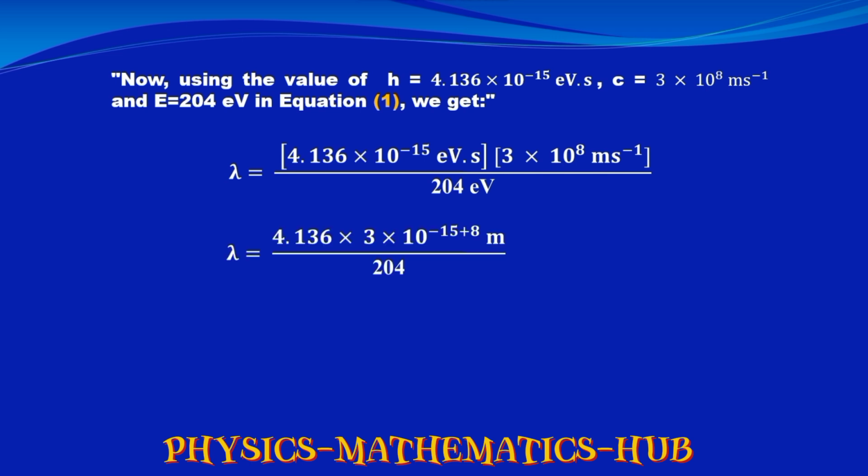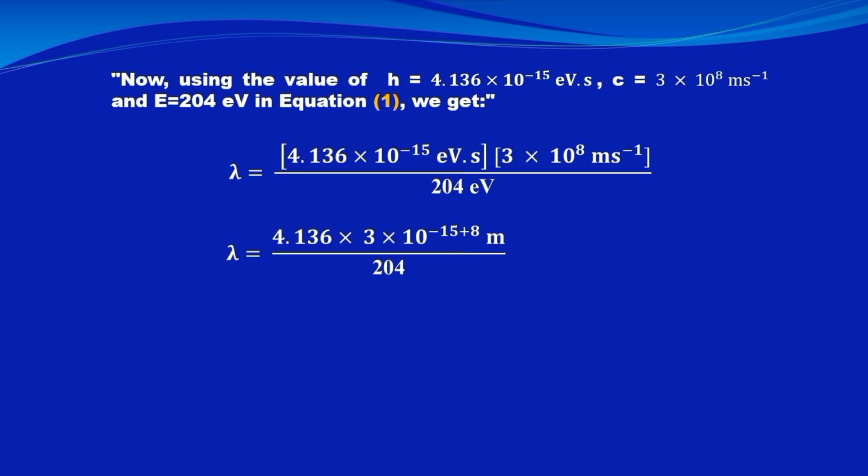We cancel out electron volt with electron volt and second with second. So we get 4.136 × 3 × 10^(−15+8) meters divided by 204.